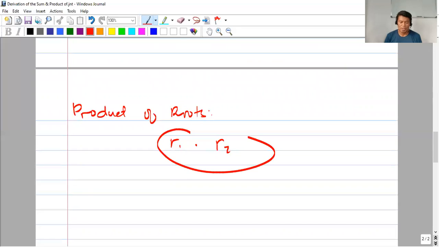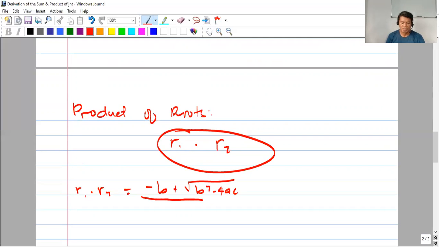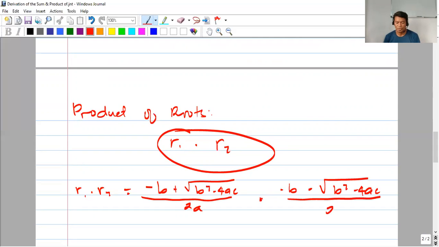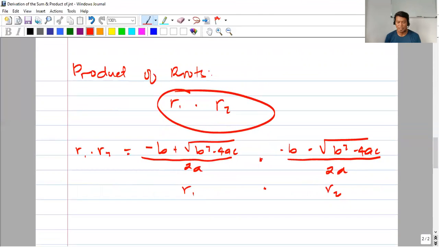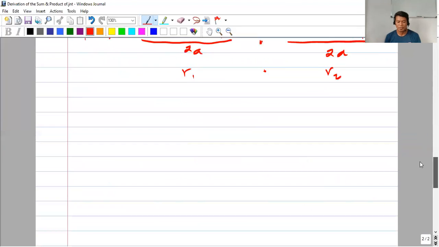So r1 times r2 is equal to negative b plus the square root of b squared minus 4ac over 2a, times negative b minus the square root of b squared minus 4ac all over 2a. This is your r1 and this is your r2, the first root and the second root. Okay, so we continue.